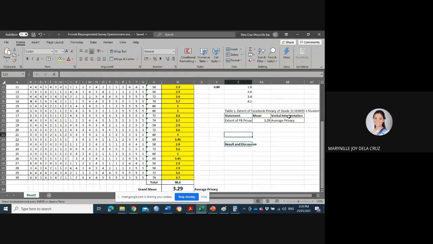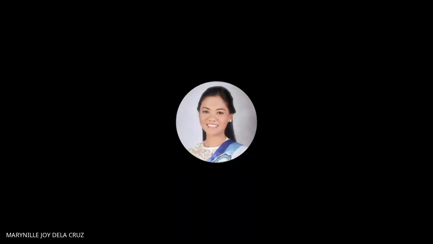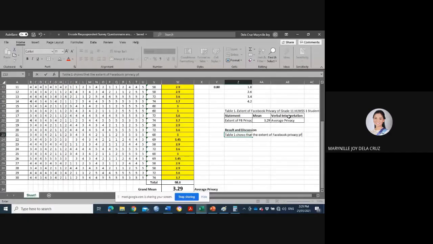So the result and discussion will be like this. Table 1 shows that the grade 11 HUMSS 1 students have a mean score of 3.29, which is verbally interpreted as average privacy.